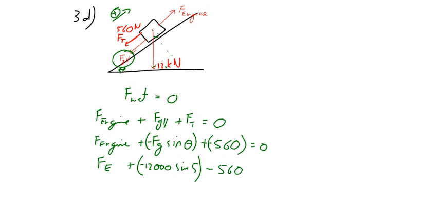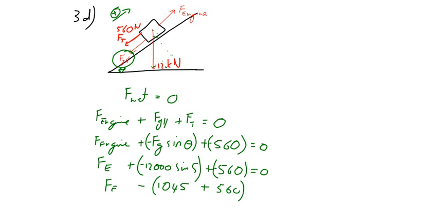Well, let's do it this way, then we keep to our rules. Let's calculate that. So 5 sine times 12,000 gives me 1,045. This is 1,045 plus my 560.